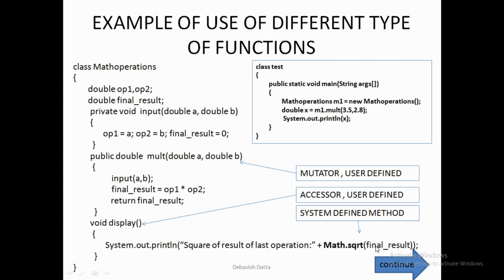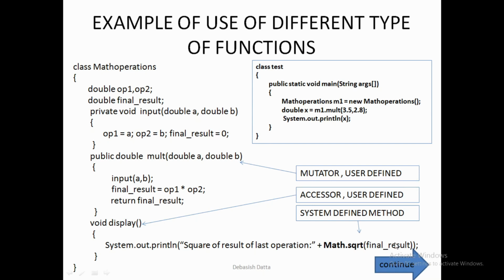Whatever value is stored in the final result variable, say it is 5, then squaring it does not change its value to 25. It is calculating the square value, but the value of the final result which was there will be there even after calculation of the square value.